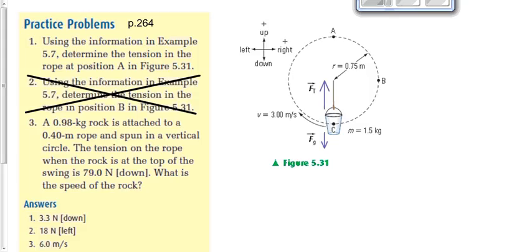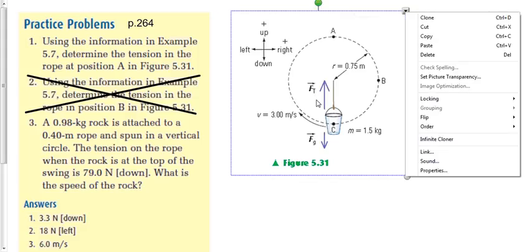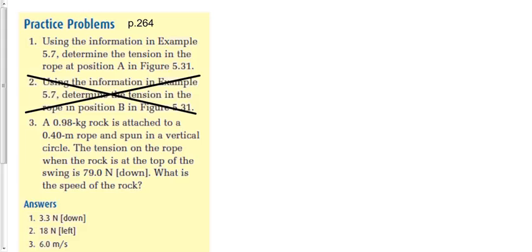Now let's have a look at question number 3 now that you've had a chance to work on it. It says a 0.98 kilogram rock is attached to a 0.4 meter long rope, spun in a vertical circle. The tension on the rope when the rock is at the top of the swing is 79 newtons down. What's the speed of the rock? So here we go. Here's the circle that the rock is in. Okay, here's the rock.